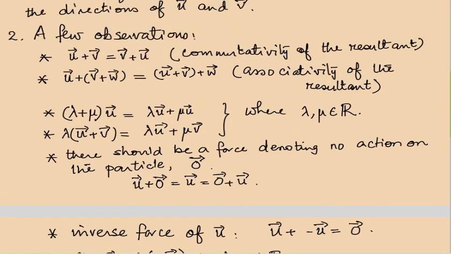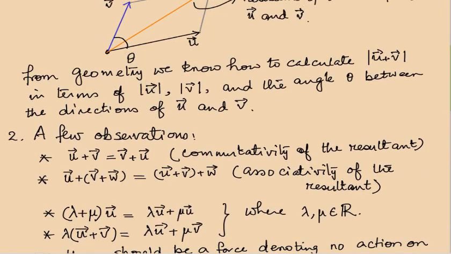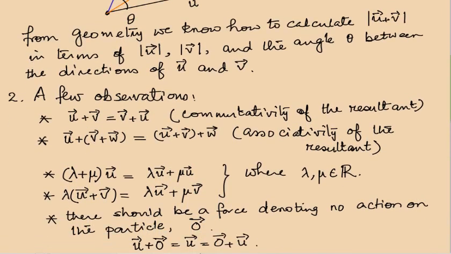Now it turns out that our parallelogram law, so these observations, these demands written under these stars, are very natural expectations from the notion of a force acting on a particle and its resultant.